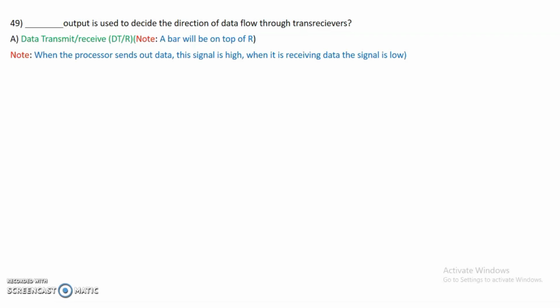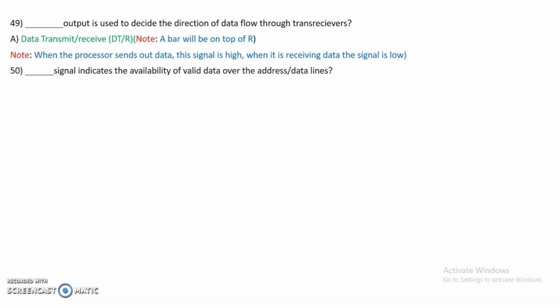Whenever this particular data transmit receive output is used, it wants to inform us whether it is sending out data or it is receiving the data. Whenever the processor is sending out the data, the signal will be high. Whenever it is receiving the data, the signal will be low. So that is the use of the data transmit receive signal.